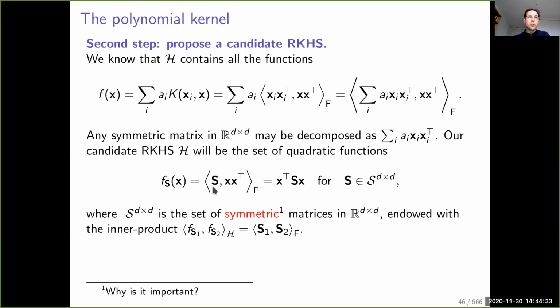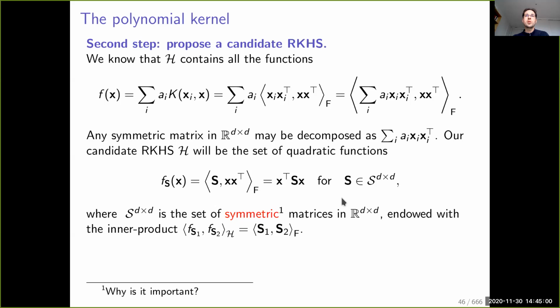So if we simply use again the definition of the Frobenius inner product in terms of the trace, and we put x transpose, which is on the right here, on the left, we can also check that this quantity is equal to the scalar value, of course, which can be written as x transpose times S times x, where S is a symmetric matrix.